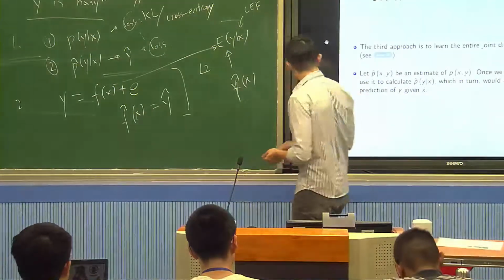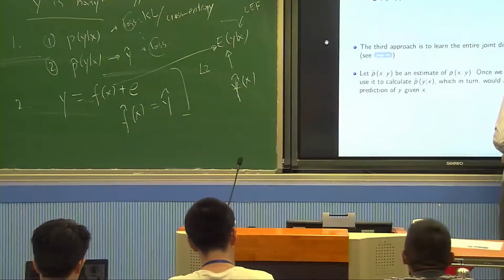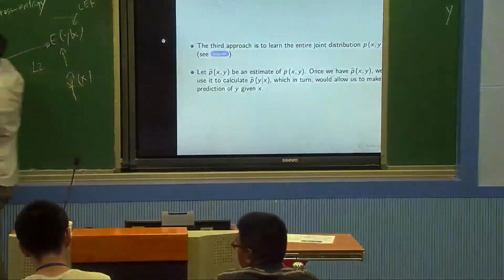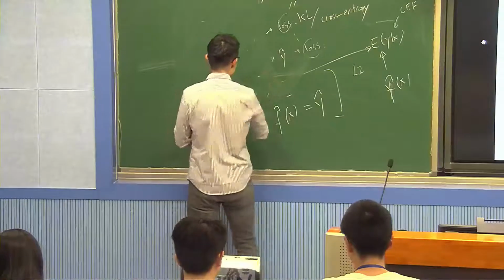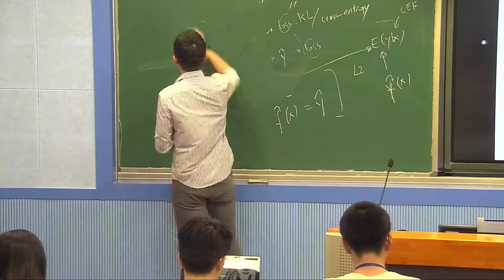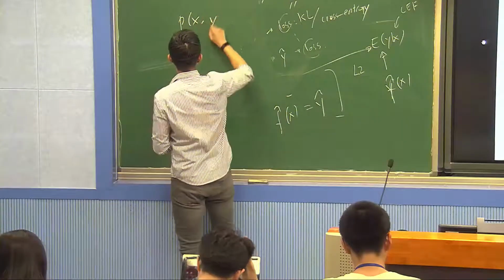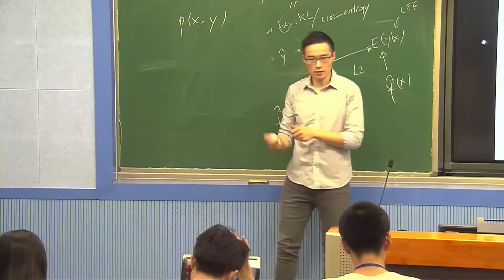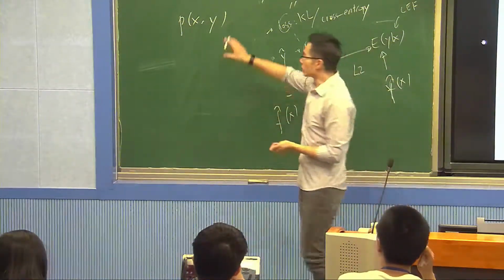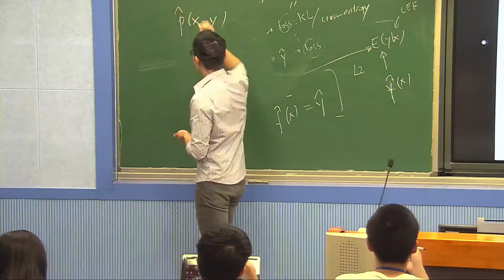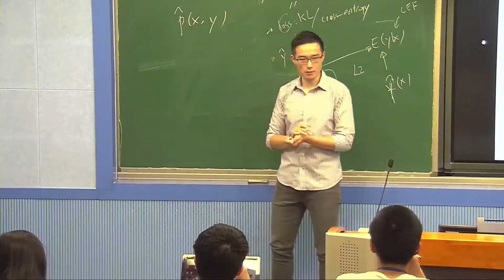So the first approach, like we said, is estimating P(y given x). But what if we can just estimate the entire joint distribution? If I can estimate the joint distribution P(x, y), then why not do it? If we do that, then we get P hat(x, y), our estimated probability.